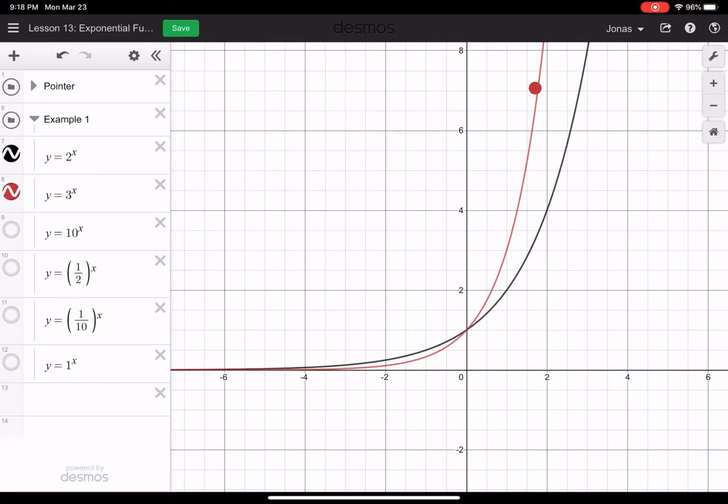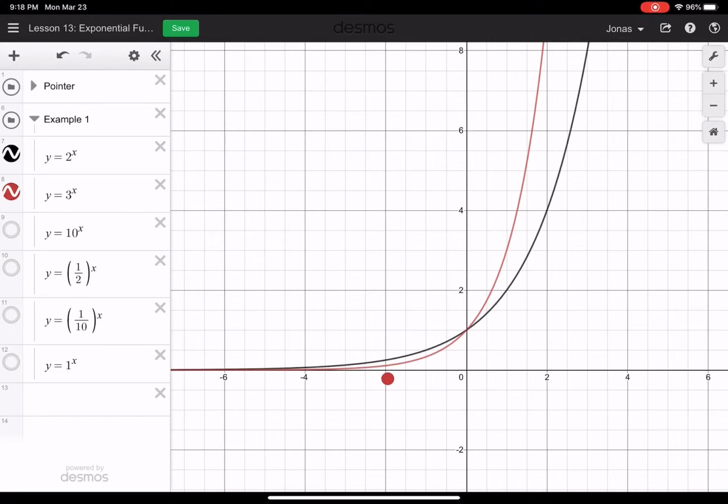This red line, 3 to the x, sits over the black line, 2 to the x. It's interesting that it switches on the negative side, so 3 to a negative power ends up being smaller but positive, smaller than 2 to that same negative power. For example, if we plug the number negative 2 into the function 2 to the x, we get 1 over 4.